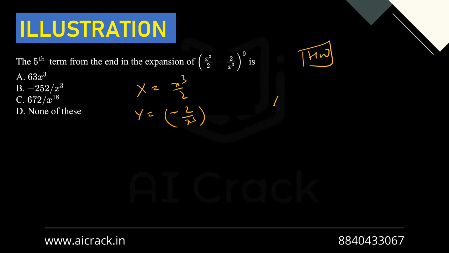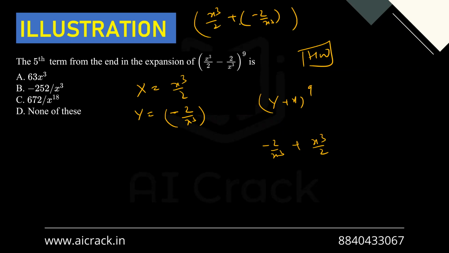So when you are writing (y plus x) raised to the power 9, the reverse expansion, you have to write minus 2/x³ plus x³/2. As I've told earlier, you have to consider the plus sign over here, x³/2 plus (minus 2/x³), and that is how your expansion should be written. So in the case of reverse expansion, that would become (minus 2/x³ plus x³/2) raised to the power 9. And then you can find out the fifth term from the first, right?